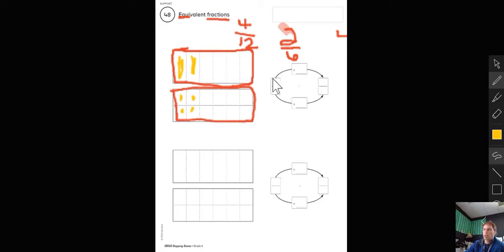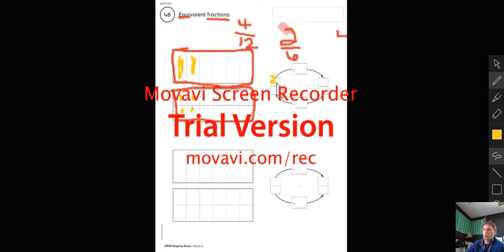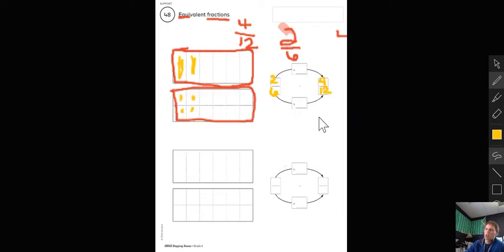And I could actually check that out by doing this. I could put 2/6 here, and I could put 4/12 here. And I could think about, okay, what would I need to multiply this fraction by in order to make 6 into 12?